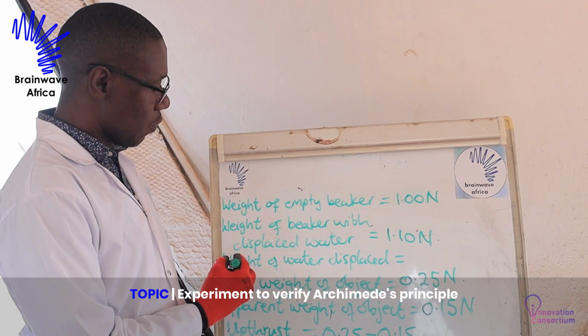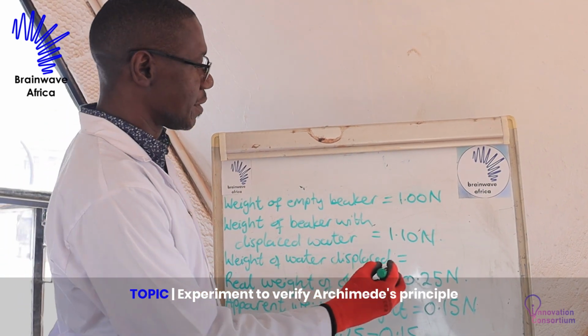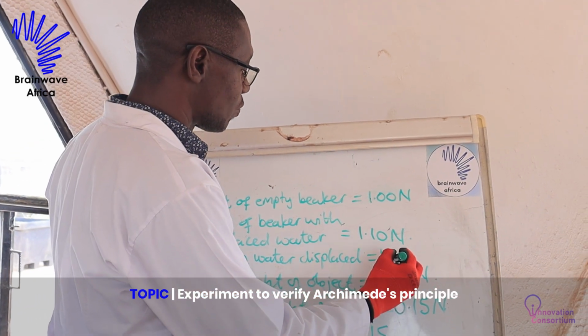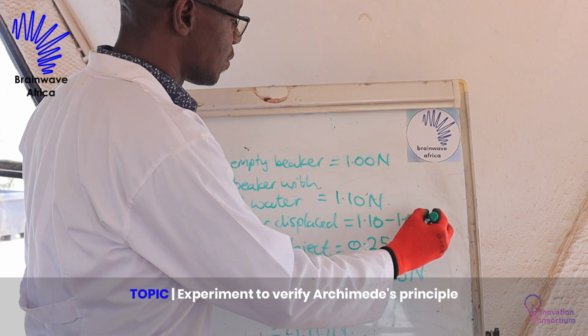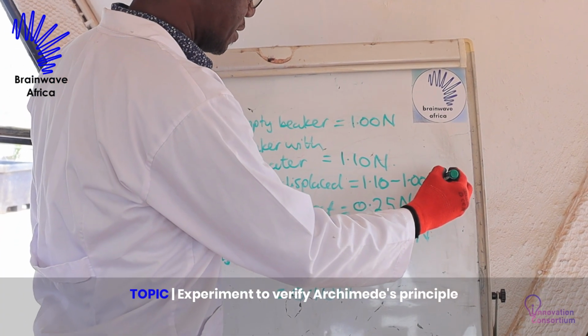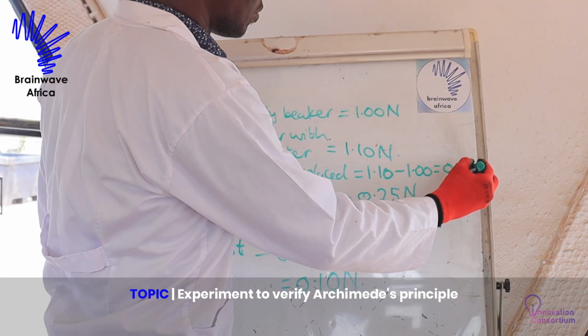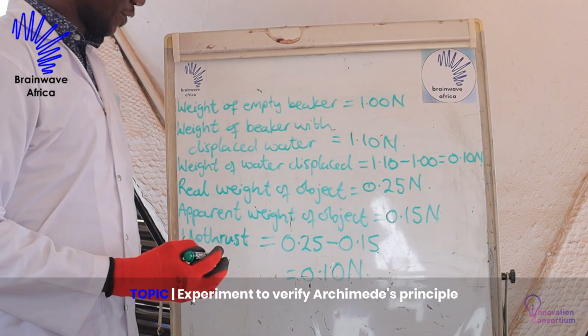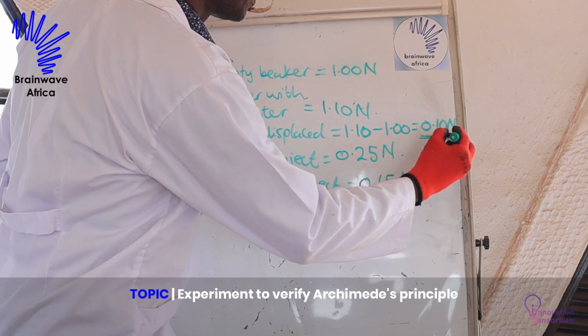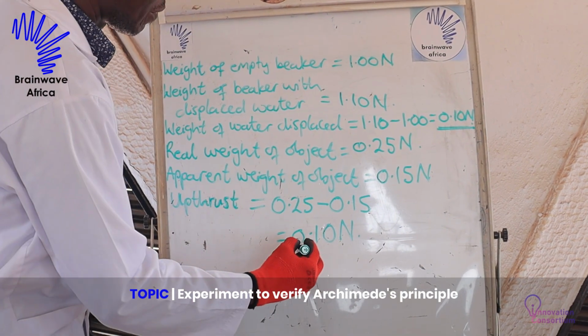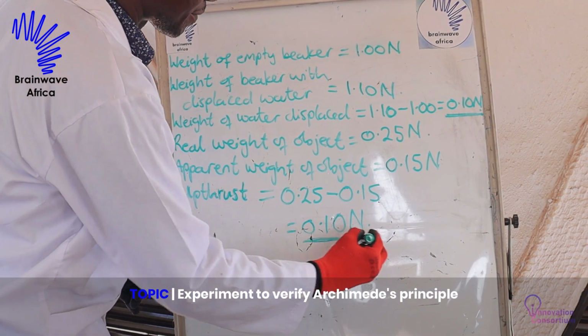Therefore, the weight of the water displaced will be 1.10 minus 1.00, and that gives us 0.10 newtons. So we have the weight of the water displaced, and right here we have the upthrust.